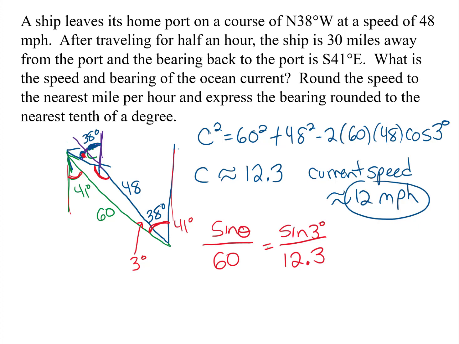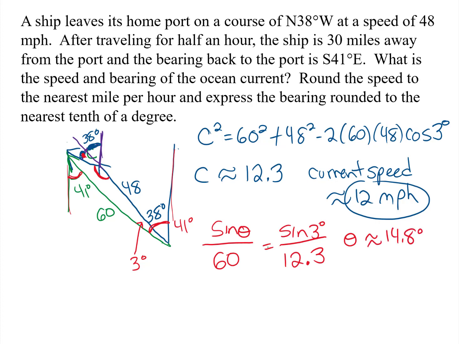So sine theta is going to be 60 sine 3 over 12.3. I'm going to get the calculator and do inverse sine of 60 sine 3 divided by 12.3. And I get, to 1 decimal place, 14.8. So theta is about 14.8 degrees.